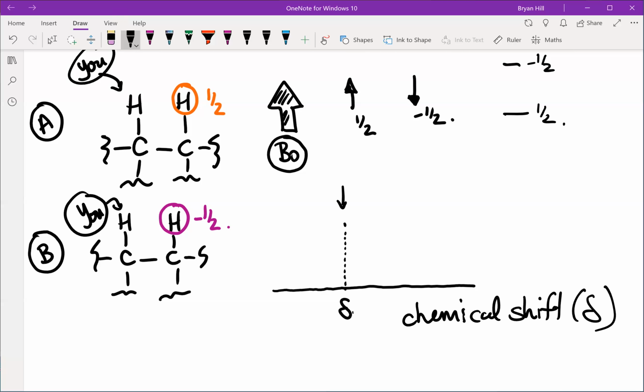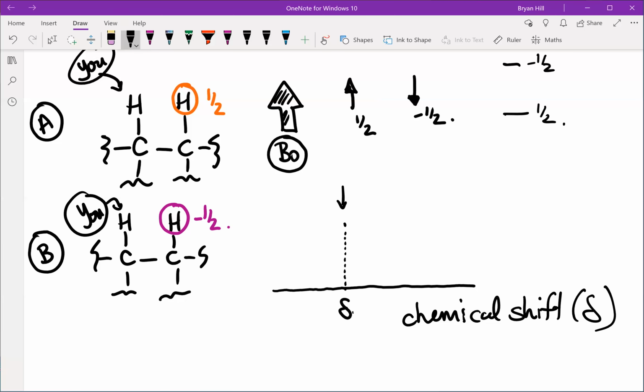Do you think that you are going to resonate at a lower frequency or at a higher frequency when your neighboring proton is aligned with the field? Whether your neighbor is opposed to the field or aligned with the field, they're going to cause you to resonate at slightly different frequencies.